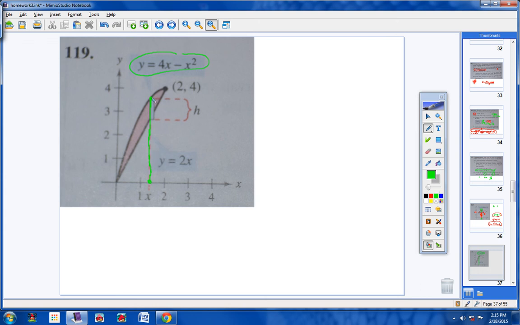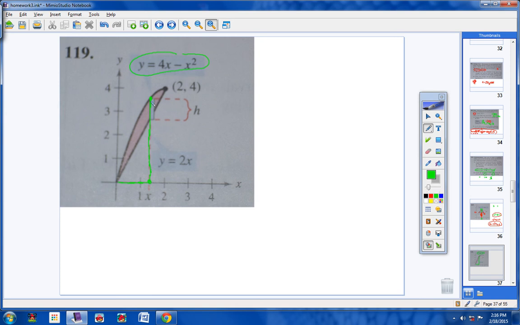So what am I putting in for my value right here? I'm going over how far? I'm going over x. So I'm going up this far. So what am I putting into this equation right here? X. Well, guys, once again, if you're putting x into this equation, you're going to get out 4x minus x squared.